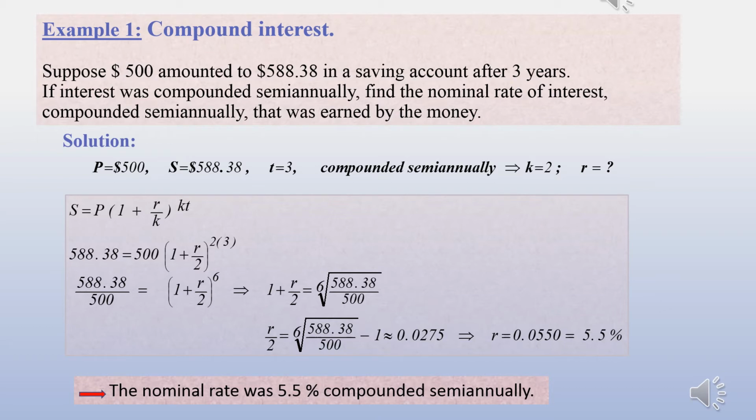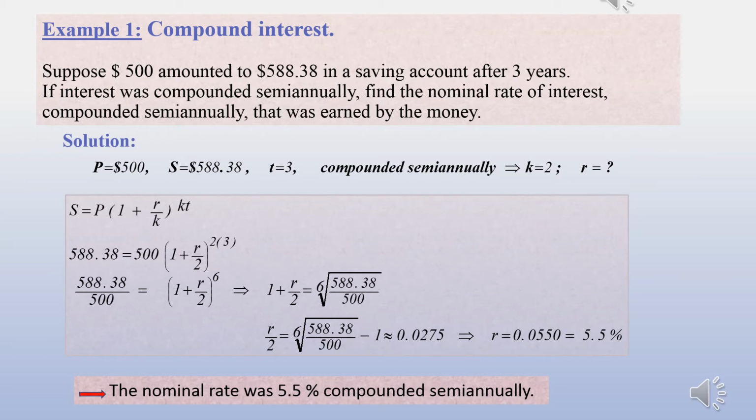So we have 588.38 equal to 500 multiplied by (1 plus R over 2) to the degree of 2 multiplied by 3. We divide both sides by 500, so we will have 588.38 divided by 500 equal to (1 plus R over 2) to the degree of 6.